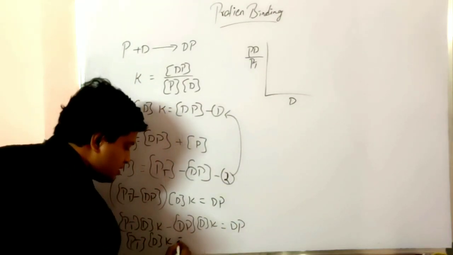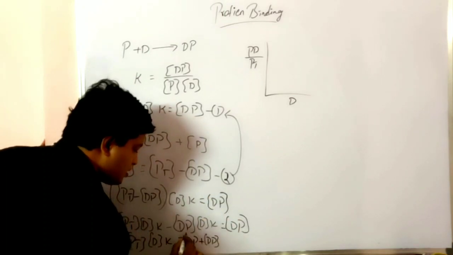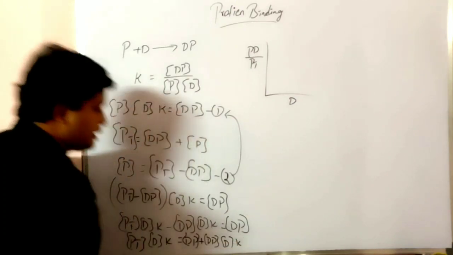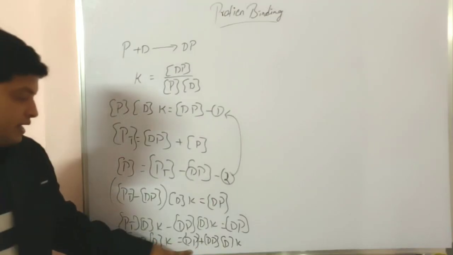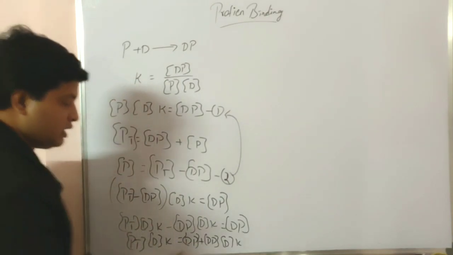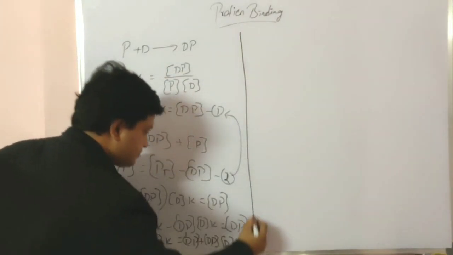This part is going to that side, so it will be plus Dp, concentration D and K. Now here we have Dp and Dp in common, that is bound protein as a common term. Take that out.